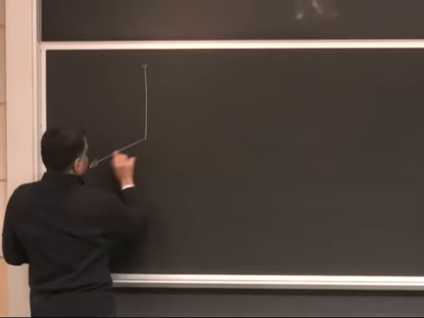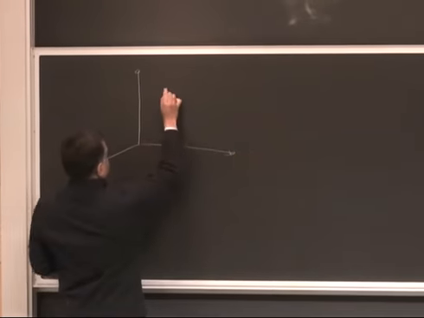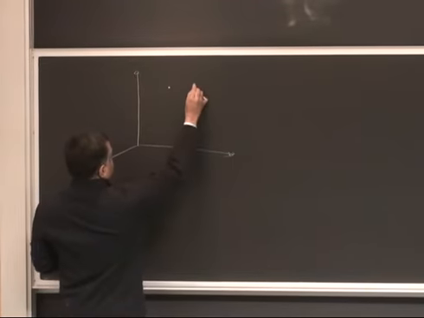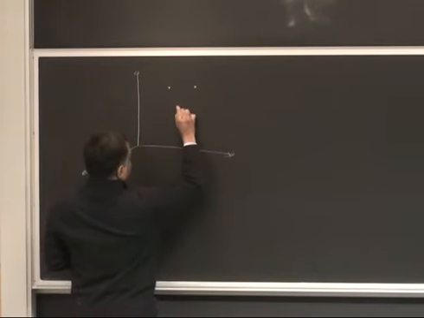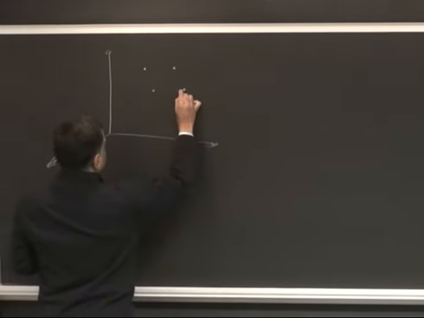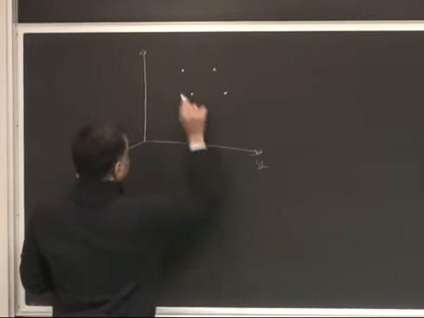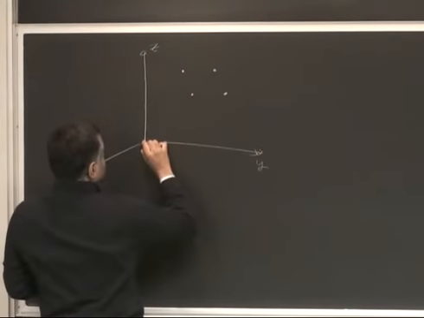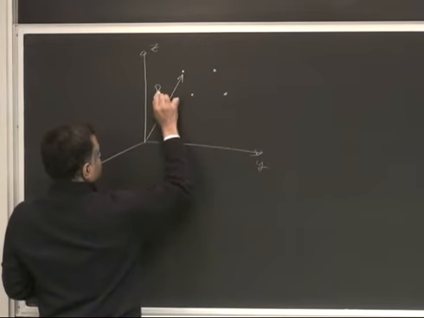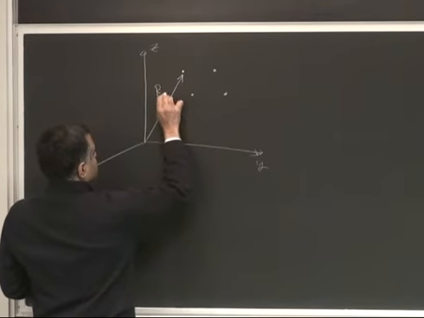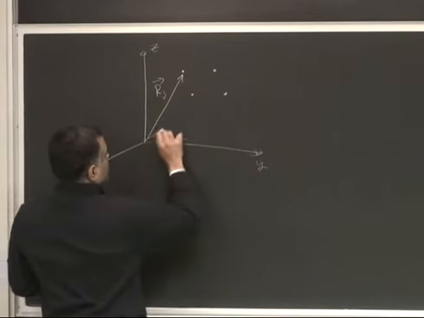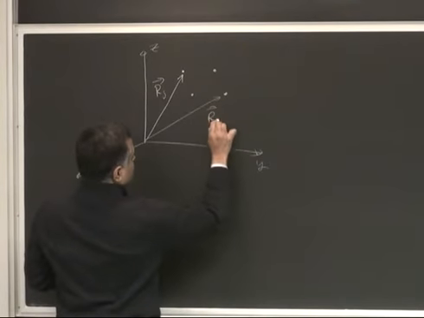the way we started this problem was we said that we'll have a set of point scatterers, be it atoms or molecules or anything of that sort, distributed in real space. The location of each of these we label with a vector, say rj and rk and so on.